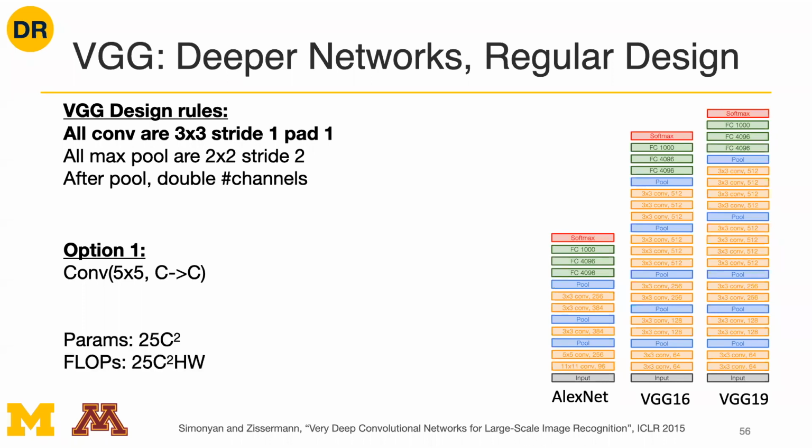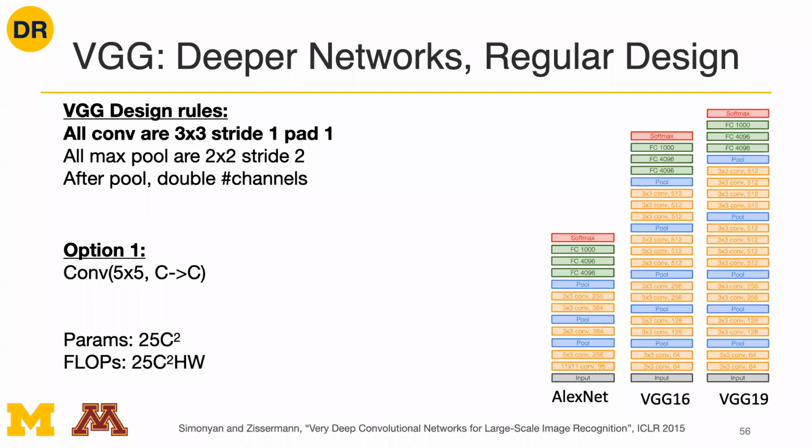And the flops is basically 25C multiplied by CHW, where CHW is the output, and 25C is the size of your filter. So we saw how to compute flops and params. Is that clear?